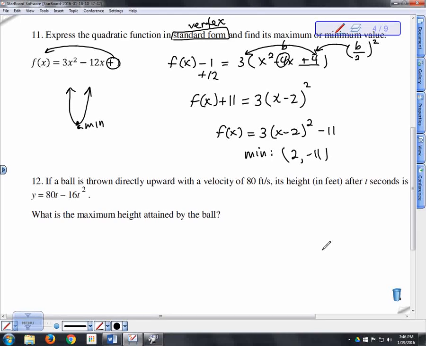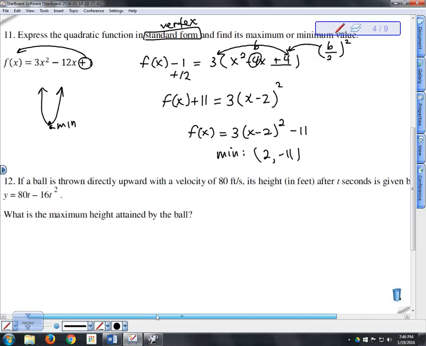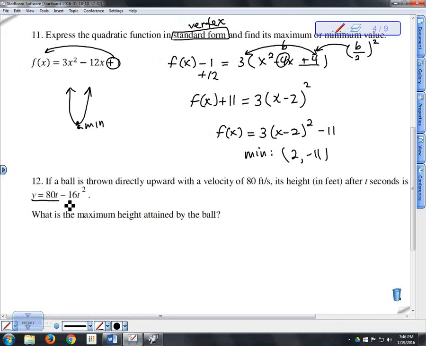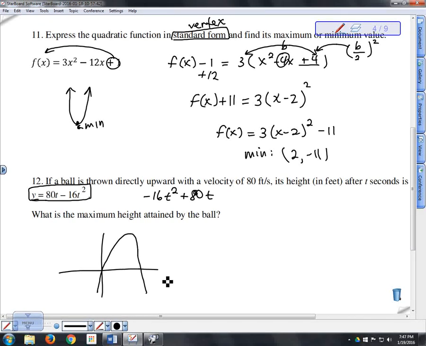Question 12. A ball is thrown up at 80 feet per second. The function here gives the height of the ball after t seconds. What is the maximum height attained by the ball? If we were to consider the graph of this, 80t minus 16t squared, or negative 16t squared plus 80t, the graph of this is a parabola where the x-axis is time, the y-axis is the height.